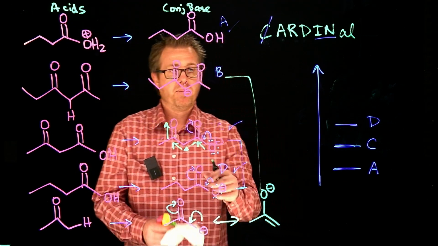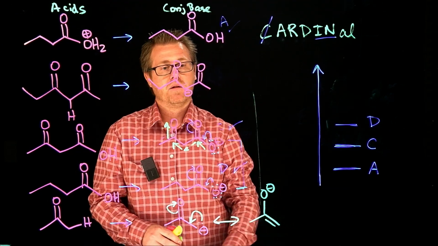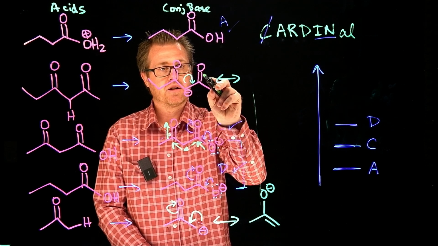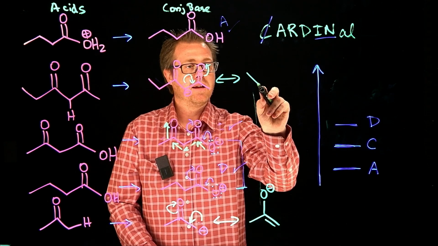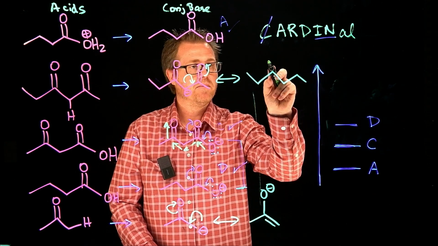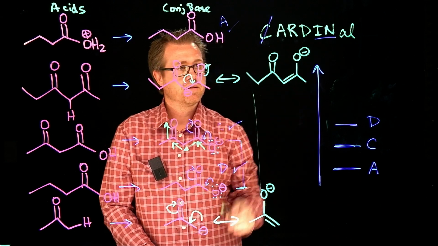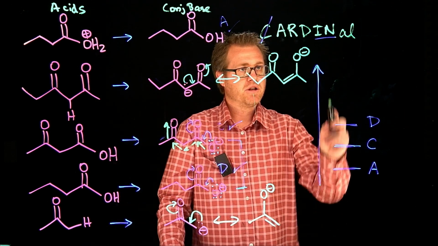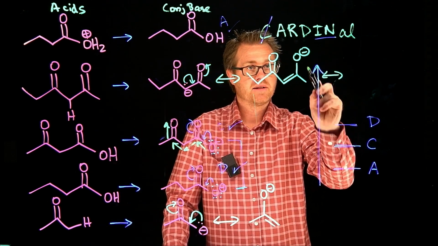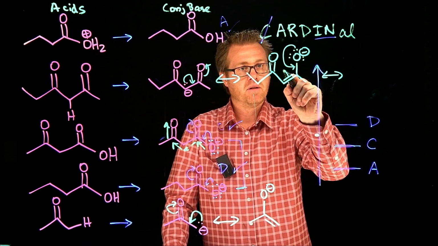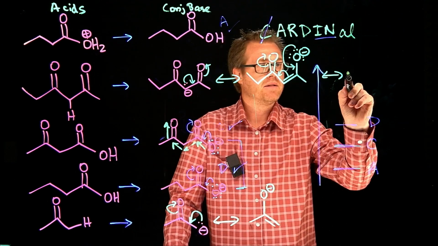But when you compare B, look at what you can have happen. Those electrons could go there, and you would get this resonance structure, like this. But then what else could you have? You could have a third resonance structure, where the lone pair here comes down, goes there, and goes like that.